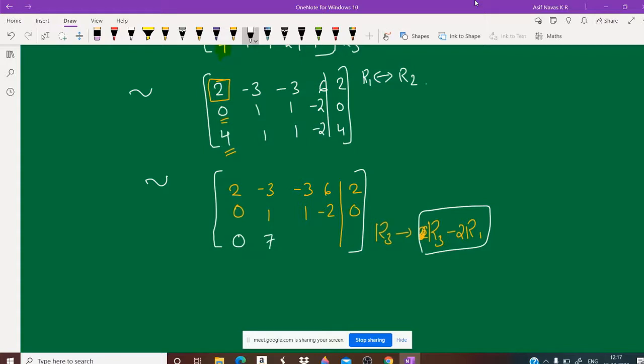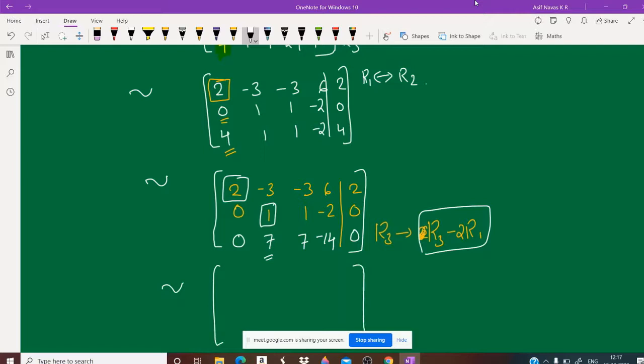Next 7, and here minus 14. Then 0, 0, 0. So this is our first pivot. And what is the second pivot? 1. Now we want to convert this into 0.